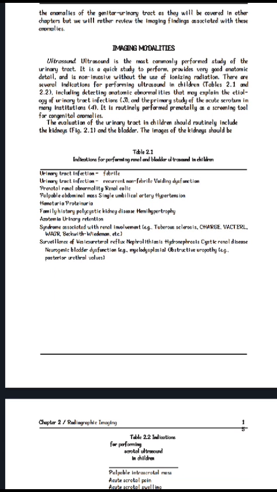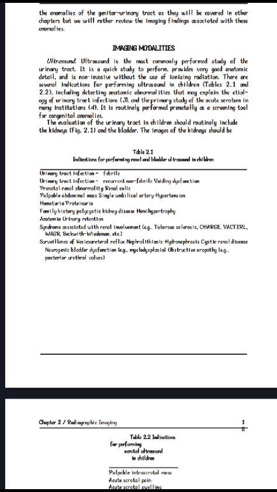Family history of polycystic kidney disease, hemihypertrophy, or syndromes associated with renal involvement, for example tuberous sclerosis, Beckwith-Wiedemann, etc.